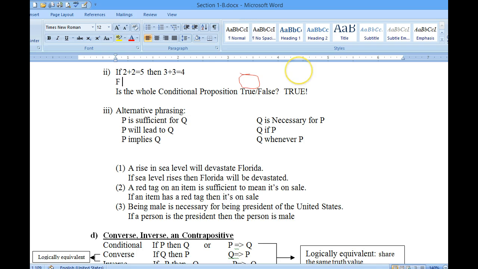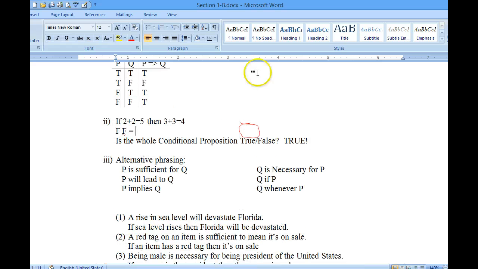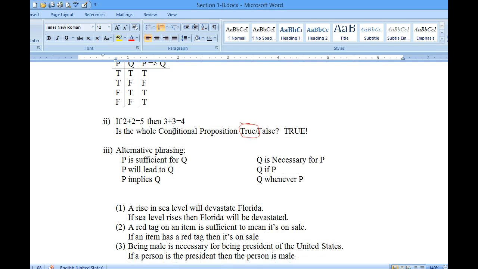False. Then 3 plus 3 equals 4. Also false. But remember, if I have a false statement in a conditional, the whole proposition is true. Let's take that away and circle it. My whole proposition is true.